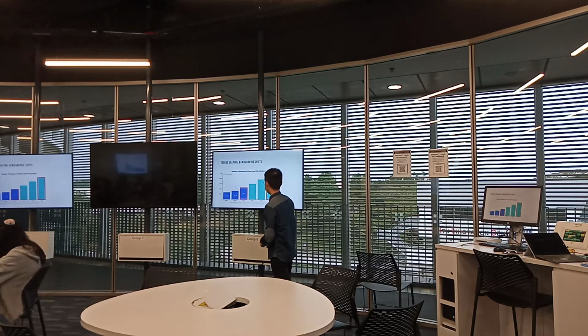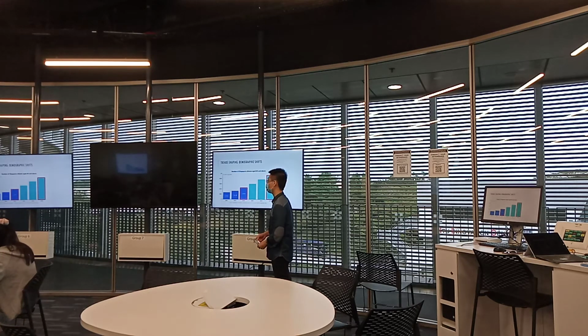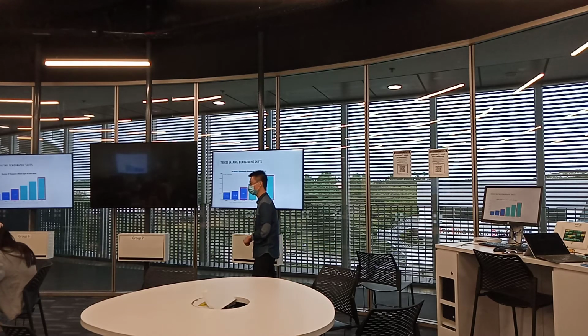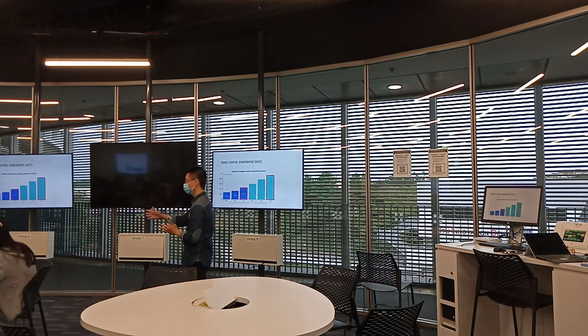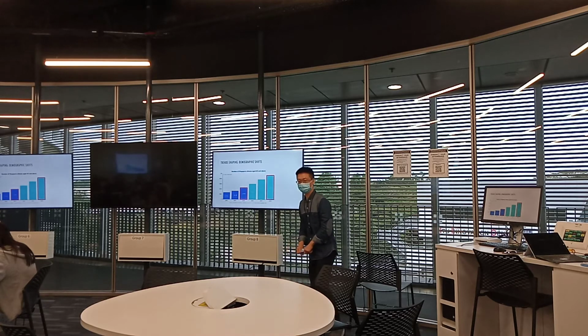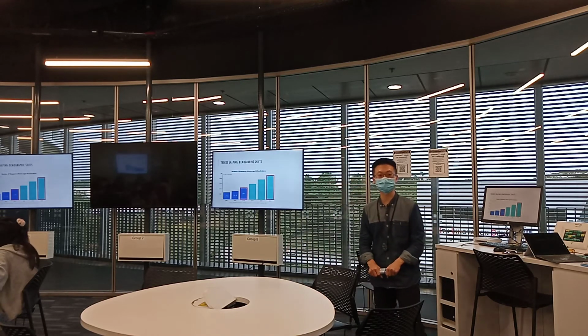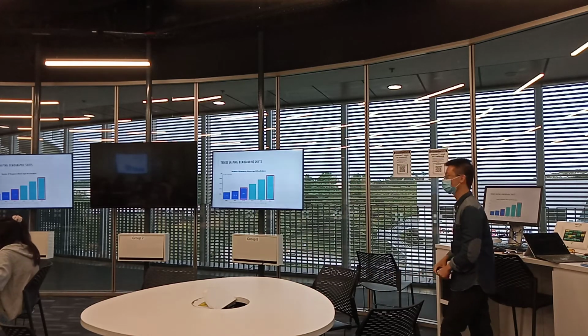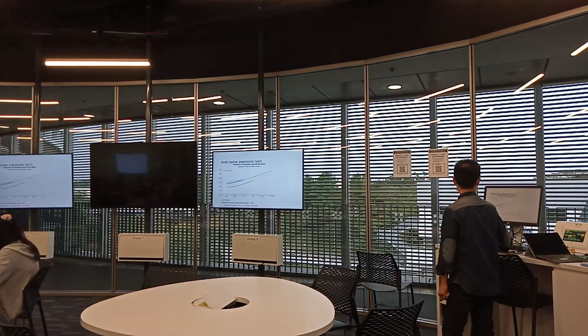However, the projection now is 1 in 4. So looking from now towards 2030, in about 9 years to come, the calculation is a quarter of Singapore residents are going to be 65 and above.